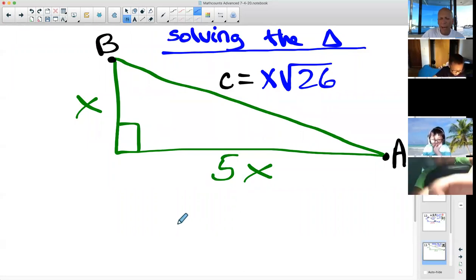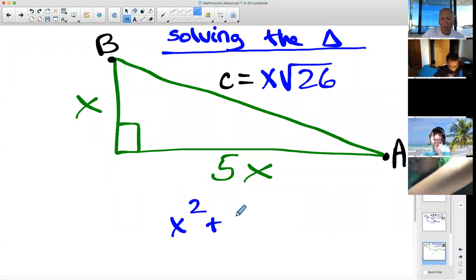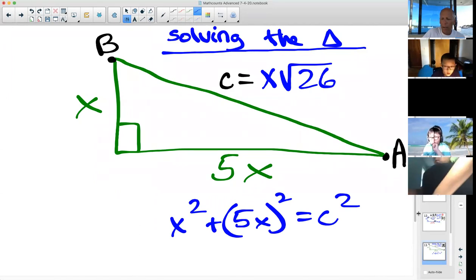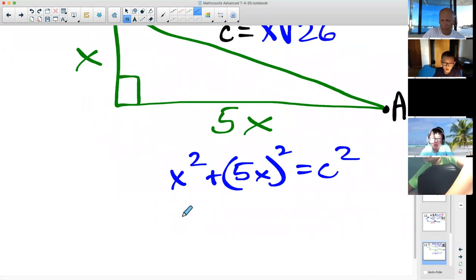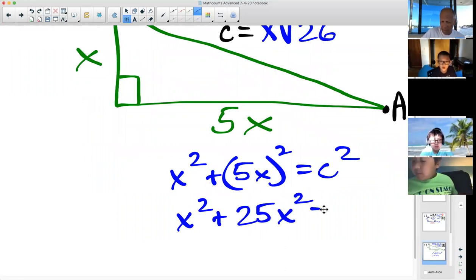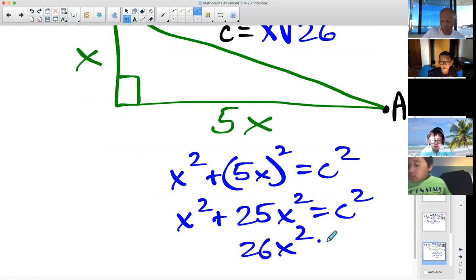Do you understand that x squared plus 5x squared equals c squared? Come on, help me out here, guys. Plus 25x squared equals c squared. 26x squared equals c squared.